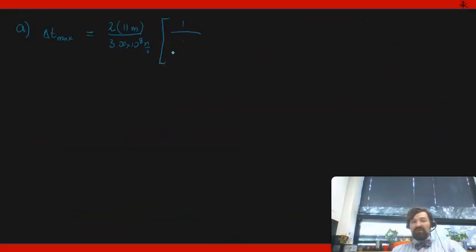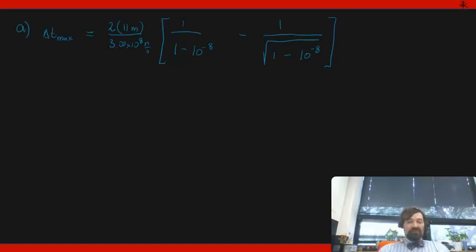So for our delta T max for part A, we have 2 times 11 meters divided by 3 times 10 to the 8 meters per second times 1 over 1 minus 10 to the minus 4 squared, minus 1 over square root 1 minus 10 to the negative 4 squared. You could call that just 10 to the negative 8 in both cases if you'd like.